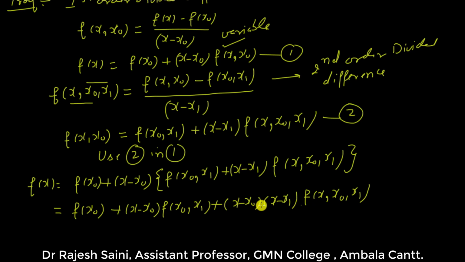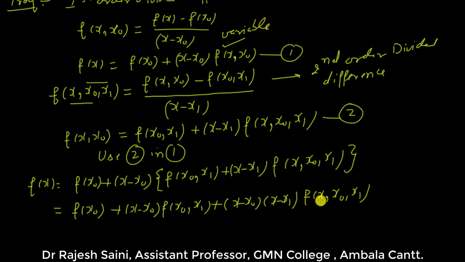So you will see that we have determined f of x up to here, but the problem is still the same. This is the second order divided difference, but the variable x is involved here, which is a variable quantity. You couldn't have the variable involved in any of the divided differences, but here, in the second order divided difference, when we did the whole exercise, the variable x is present.